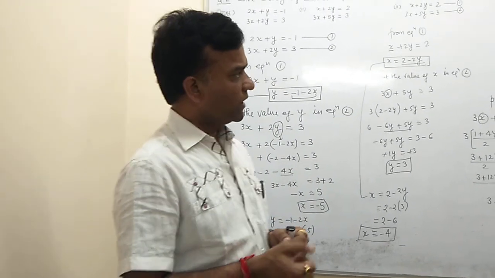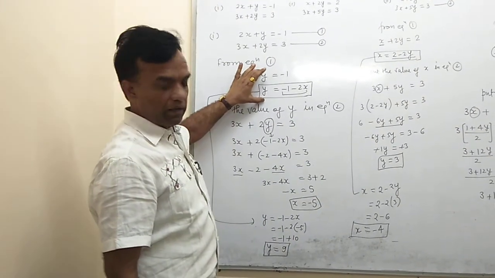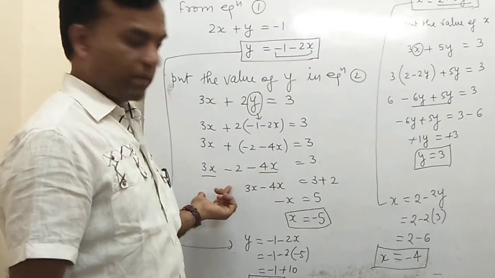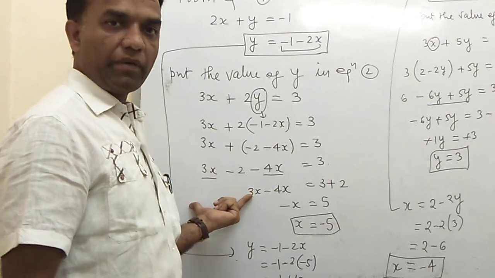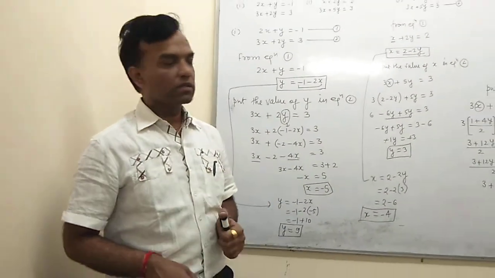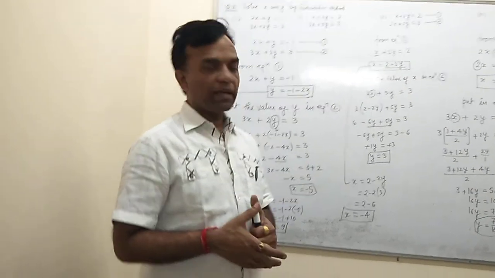In substitution only the first part is different: you get the value of y, and after putting it, your whole equation converts into one variable. So first know the concept of one variable equations. Okay, now we go for the second method, the elimination method.